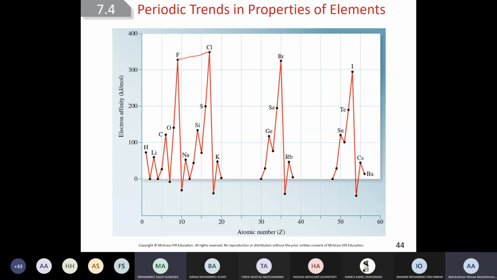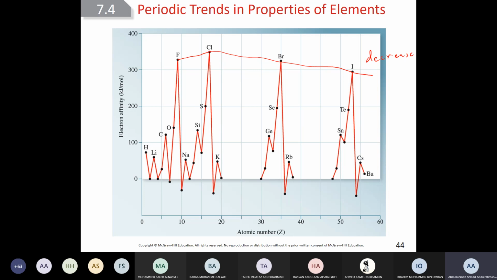From fluorine to chlorine, increase. And then when you go from chlorine to bromine to iodine in the same group, what happened as you go across? Decrease. So generally it is decreasing, but fluorine is not decreasing, it's going the other way.